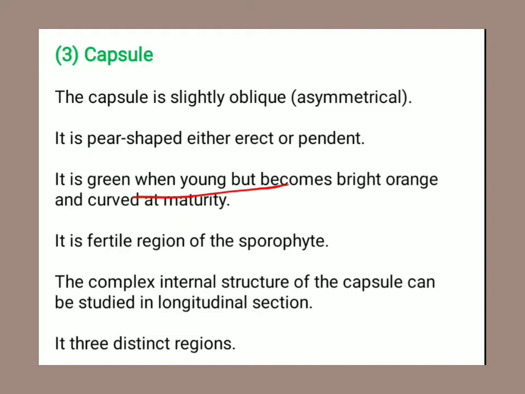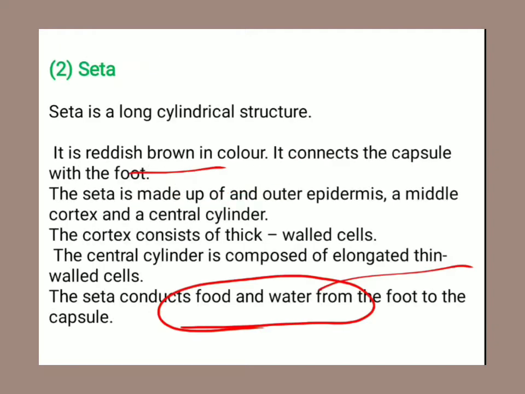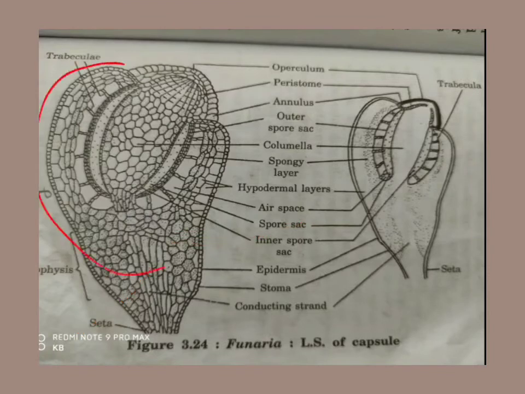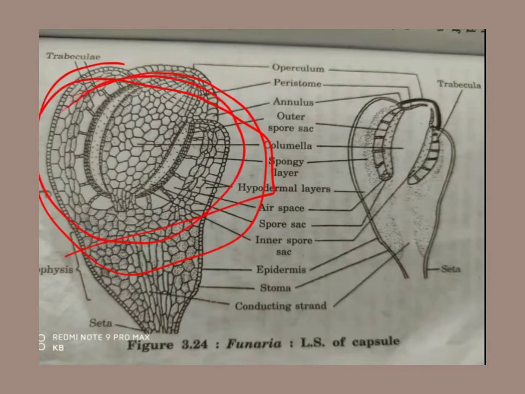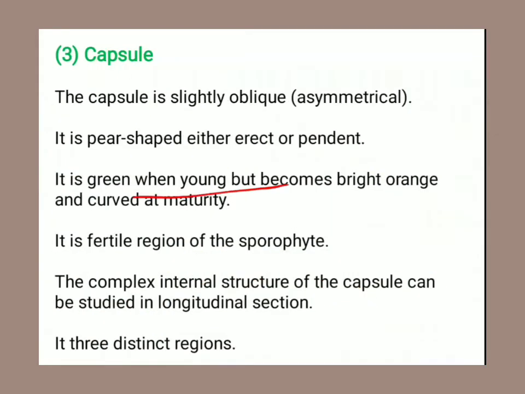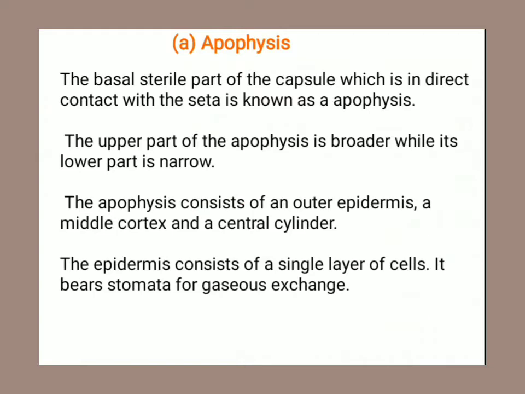The complex internal structure of the capsule can be studied in a longitudinal section. It has 3 distinct regions. You can see this portion is known as the capsule. In the capsule, we study the LS of this structure, and the capsule is divided into 3 parts.